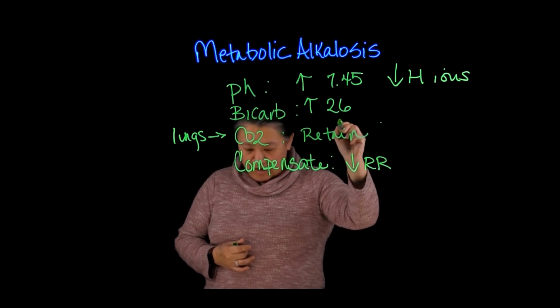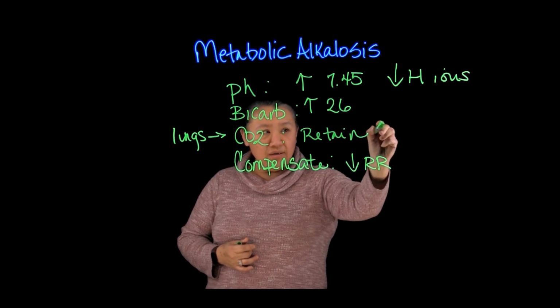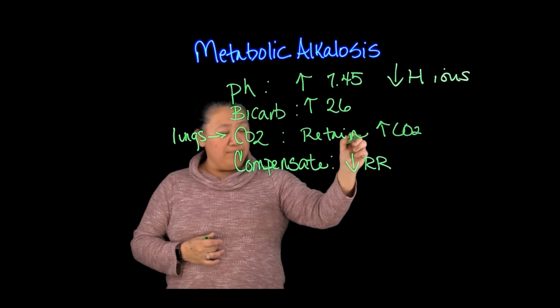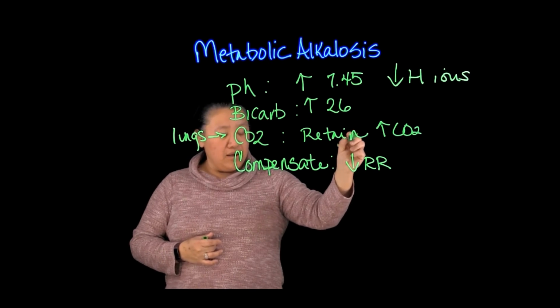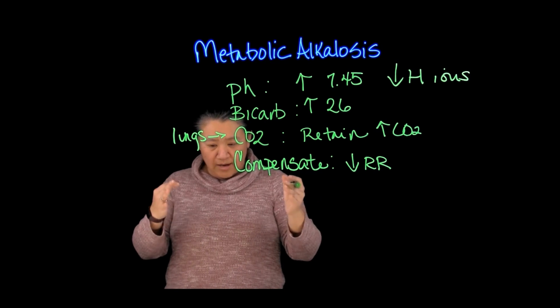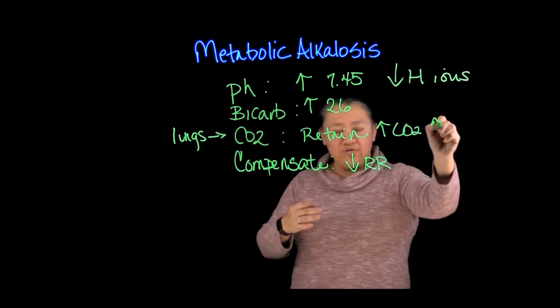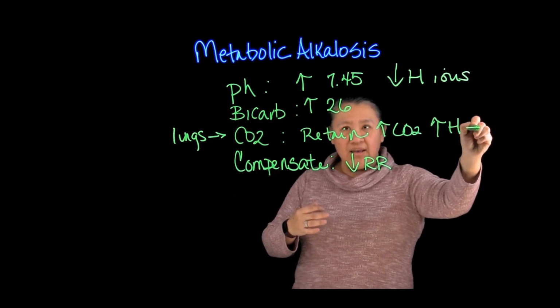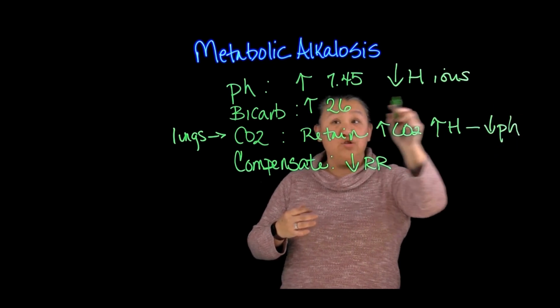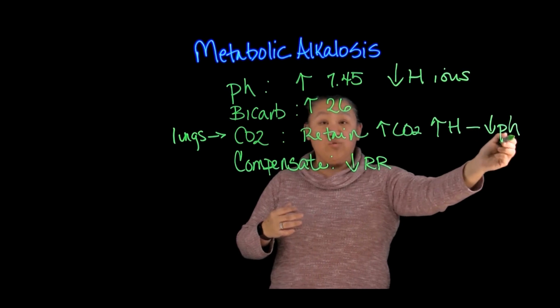so that you can bring the CO2 back up, increase your hydrogen ions, and then drop your pH. There we go. So because you're high, what you want to do is drop the pH.